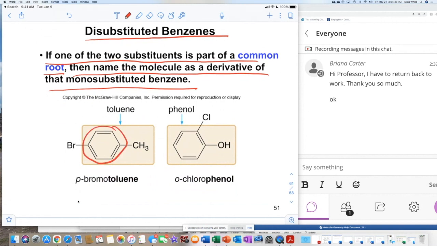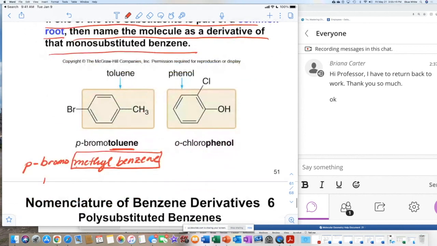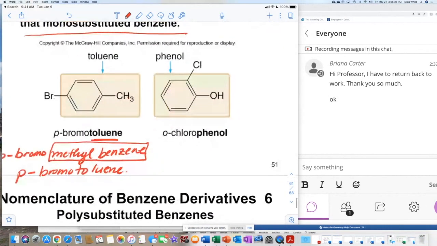The benzene group and the methyl together make toluene. Remember we said before methyl benzene is toluene. So instead of writing methyl benzene, because you would normally write, what is it? P dash bromo methyl benzene, correct? But remember, methyl benzene together makes toluene. So you write P dash bromo toluene, if I can spell correctly.